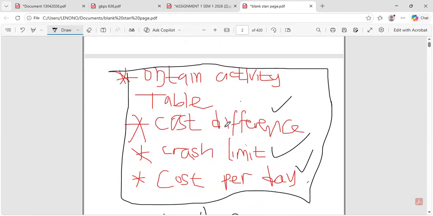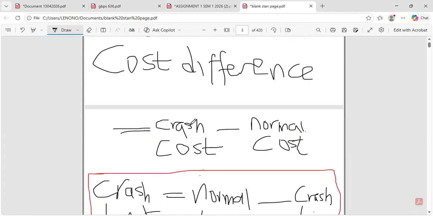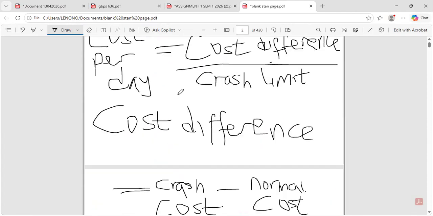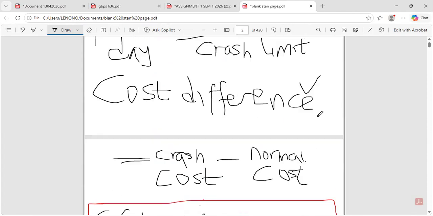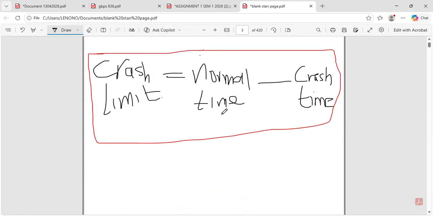We obtain an activity table, which has the cost difference, the crash limit, and the cost per day. Cost per day is equal to cost difference divided by the crash limit. Then cost difference is equal to crash cost minus normal cost. Then crash limit is equal to normal time minus the crash time.